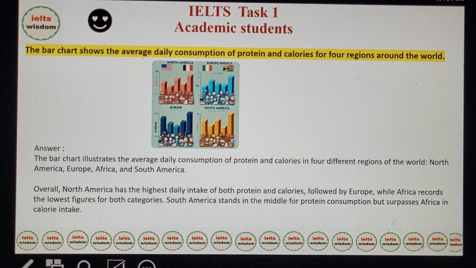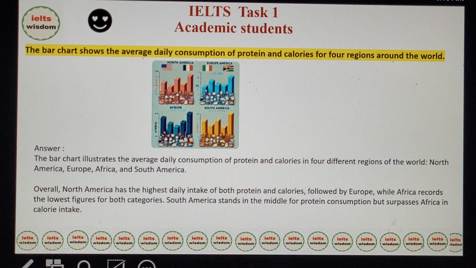All right, so overall North America has the highest daily intake, both proteins and calories. You can see that, followed by Europe, while Africa records the lowest figure for both categories.